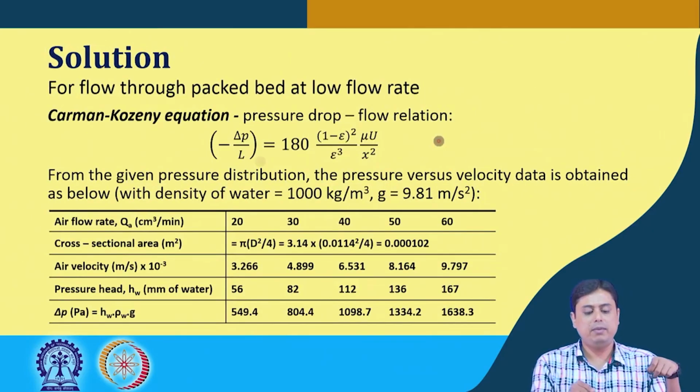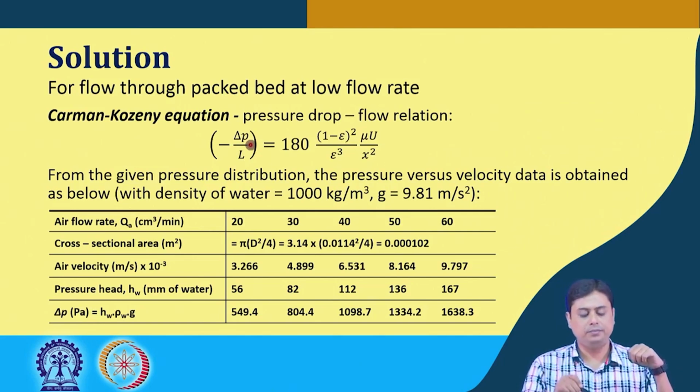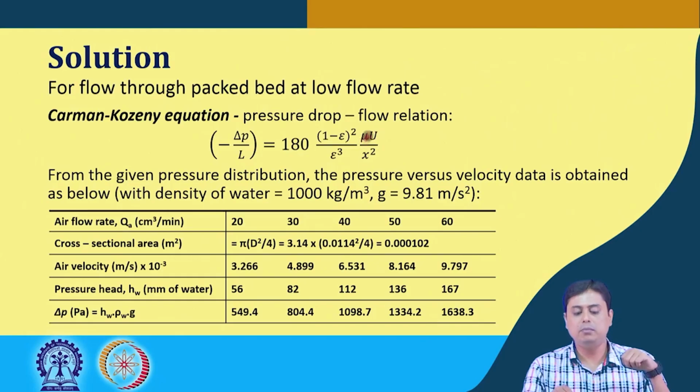So del P, basically L is the unit length you can consider here. If that is the case, then del P is known. This U, let me come to you later. This mu, the viscosity of air, is also a given value.